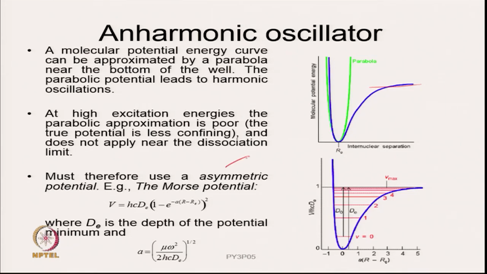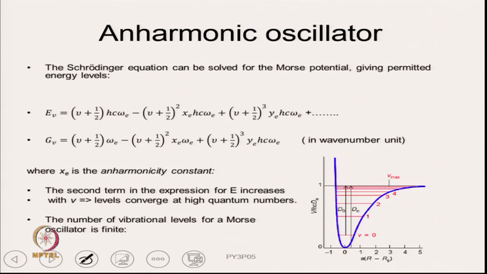So you have to apply something called an asymmetric potential, or Morse potential. In the Morse potential, the potential energy V is equal to D e times 1 minus exponential of minus alpha R minus Re, whole square, where D e is the depth. The depth can be calculated using this equation, but we will discuss this in detail. So bonds are not harmonic oscillators, they are anharmonic oscillators.